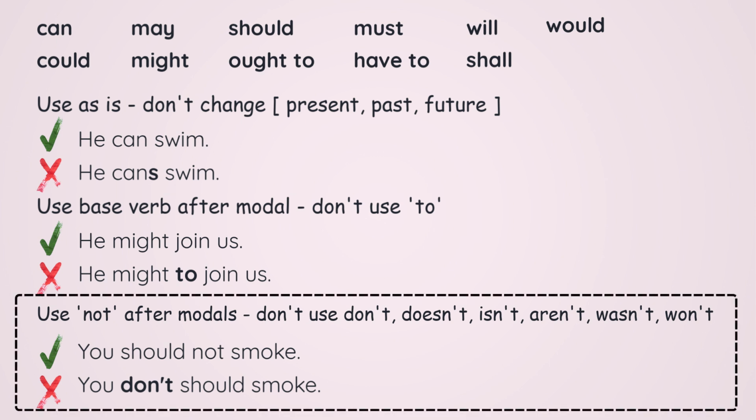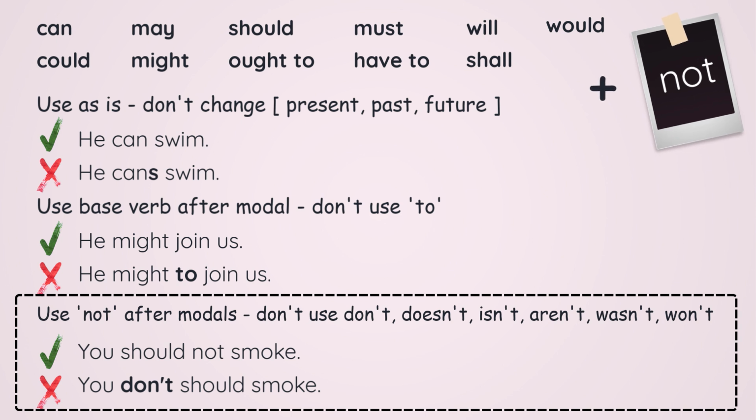Now, the next point is if you need to use the modal verb in a negative form, then just use not after the modal. Alright? Don't add any extra words most of the time. There's one little exception, I'll explain that to you. But for most of them, don't use words like don't or doesn't or isn't, aren't, wasn't, won't. Okay? So, with most of these modal verbs, just say not.